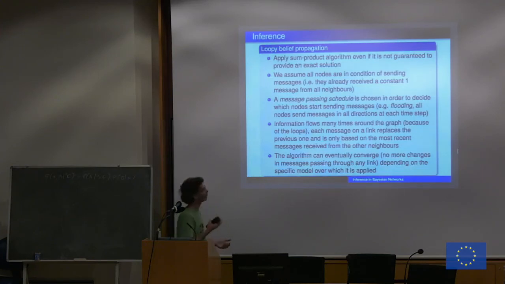Now, if you're lucky, the next message will be the same as the previous message for a node. It means that nothing changes. If you're very lucky, all nodes will not change their messages, which means that you converged. If you're not very lucky, you will stop at some point, either because the difference in messages gets small or because you finished your time. Okay?